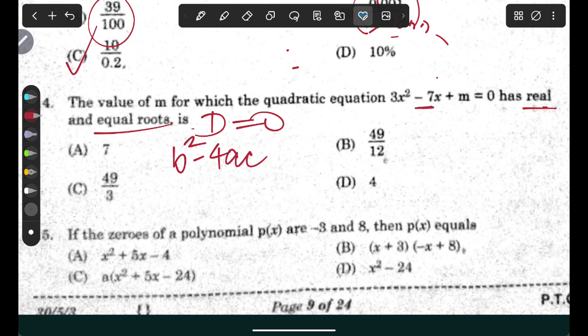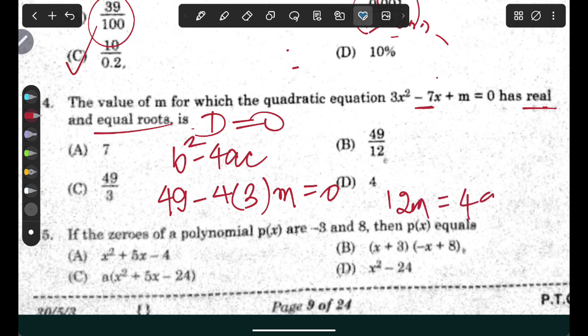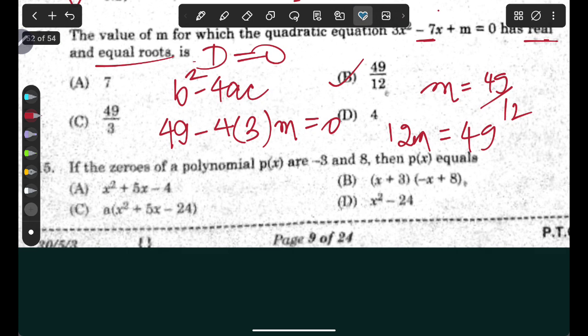B is minus 7. Minus 7 square, 49. Minus 4. What is a? 3. What is c? It is m. Comes out to be 0. Then 12m is equal to 49. M comes out to be 49 upon 12. Option number B.